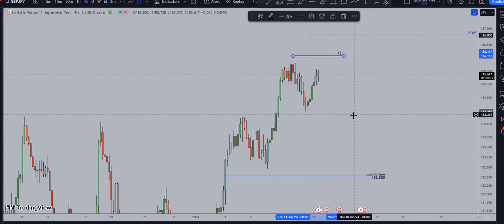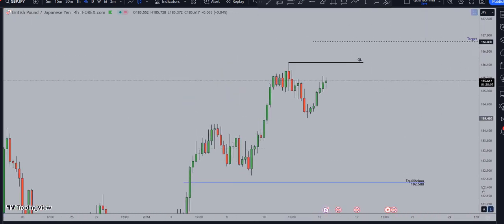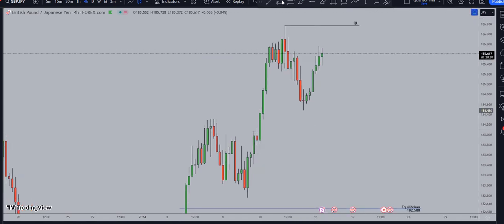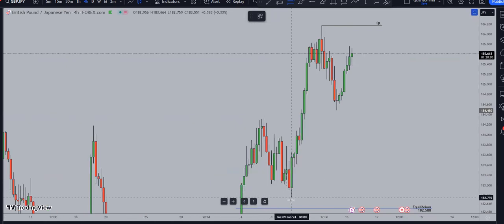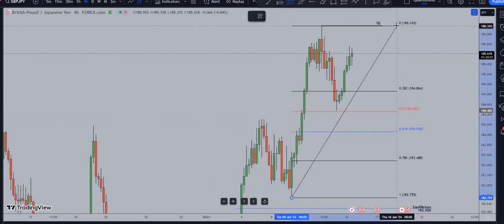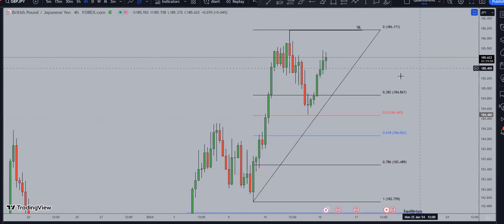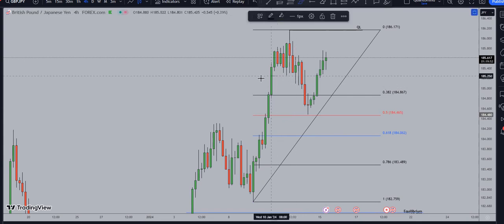Since we already have a bullish direction here, if you graph Fibonacci from point A to point B, we clearly can see that the market has reached 50%. Also, these are gaps that were filled already, and now we have one last gap here, this equilibrium level that is waiting to be fulfilled.